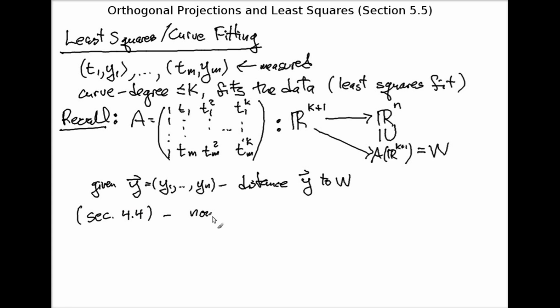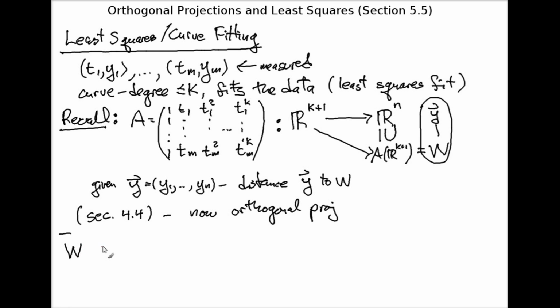And now we're going to do essentially the same thing, except we're going to use orthogonal projection to do the last step to compute the distance from this y to the subspace W. So W is spanned by these vectors. So I'm going to give those names. Let's let t0 be the vector of all ones. And let t1 be the vector of the t's.